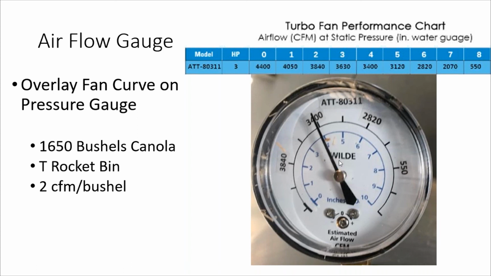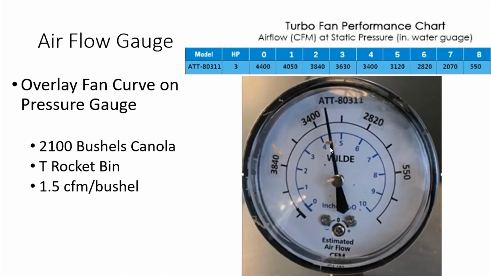Add another load, you can see you're up to just under 4 inches of water column here, and that works out to about 2 CFM per bushel. And then you add one more, now we're at about 4.5 inches of water. We're just under 3,400, so maybe we're at 3,200 or so CFM. With 2,100 bushels, that works out to about 1.5 CFM per bushel.